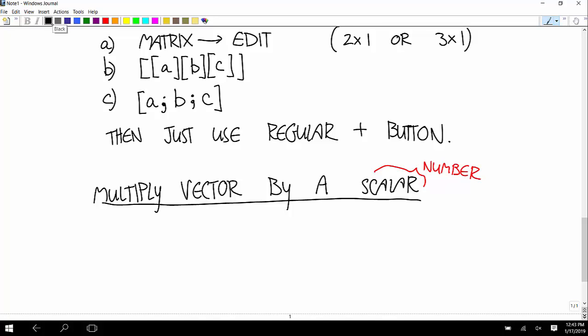So let's say that we're multiplying the vector A, B, C times the number D. What you get there is you just multiply that number D to each of the individual components. So the X component is dA, Y component is dB, Z component is dC.